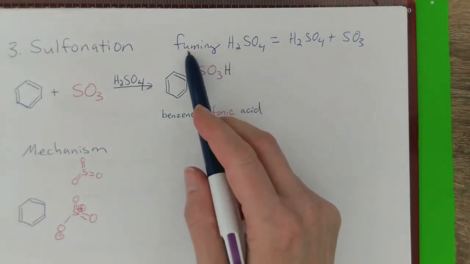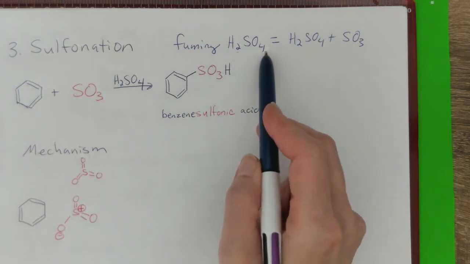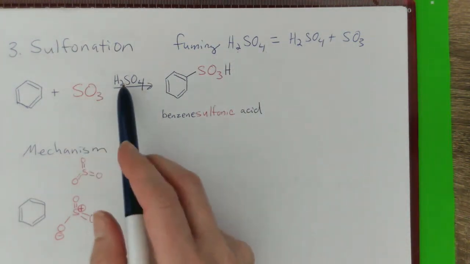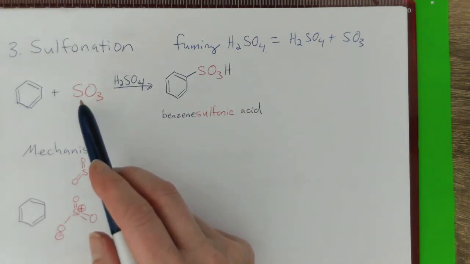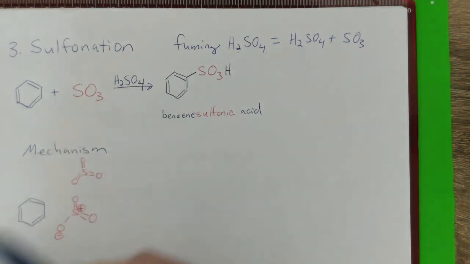So Klein will say fuming H2SO4. You're going to tend to see that I tend to write this out because the sulfur trioxide is a good electrophile on its own. It's actually a really great electrophile, okay? And we'll take a look at why that's the case.